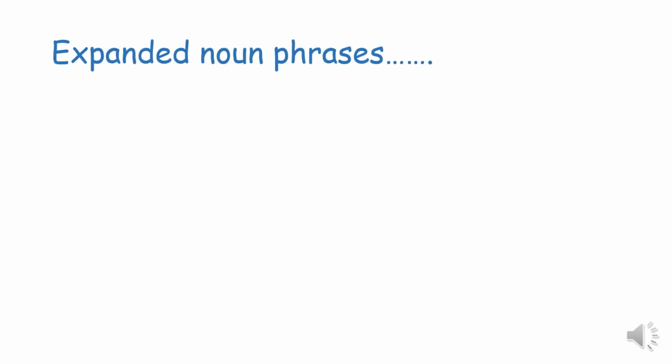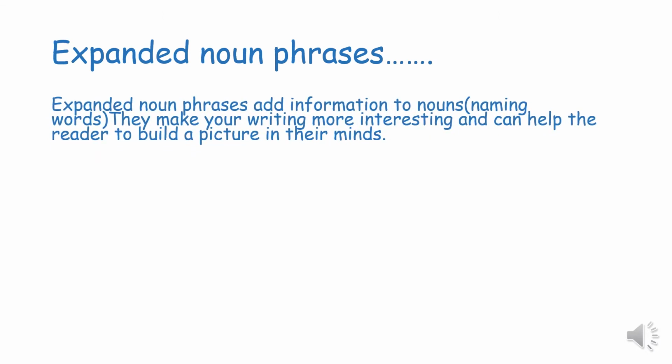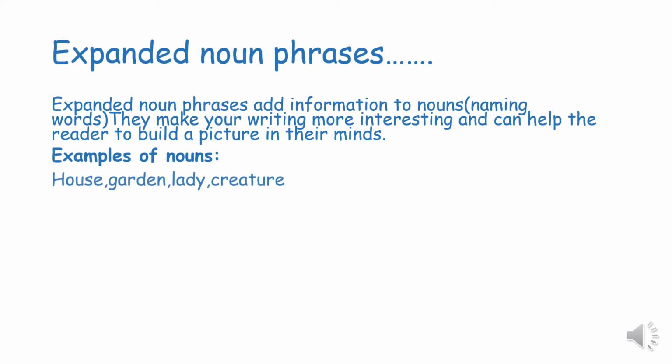Let's have a look at expanded noun phrases. So we use these to add information to nouns, and as we know, nouns are naming words. They make writing more interesting and can help the readers build a picture in their minds. And here are some examples of nouns: house, garden, lady, creature.